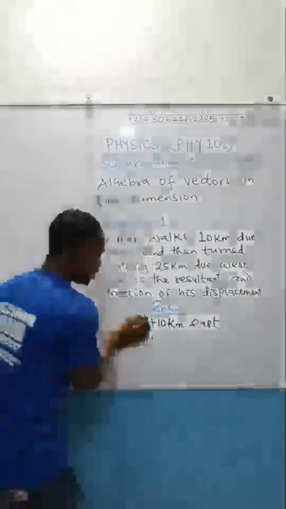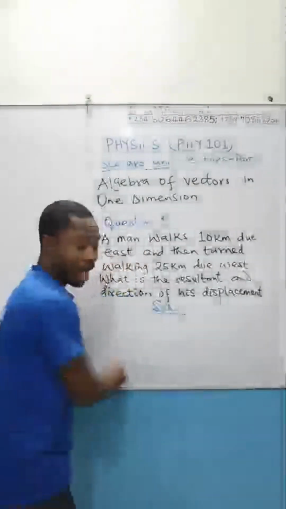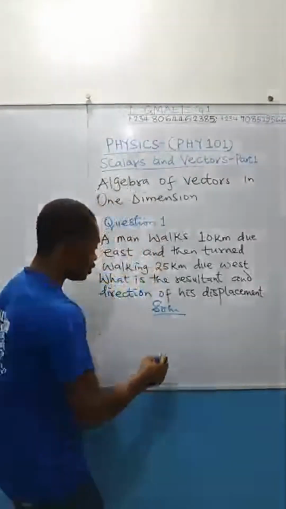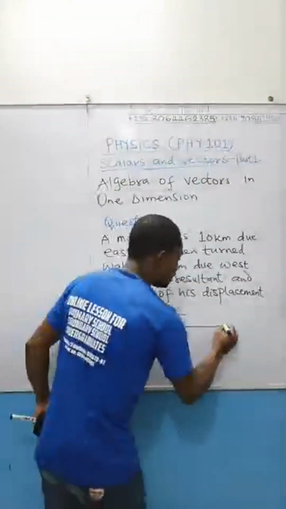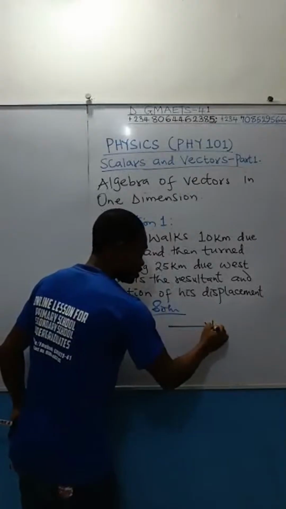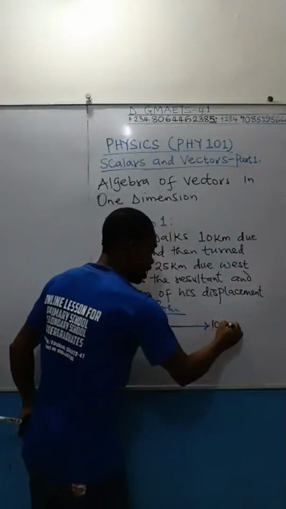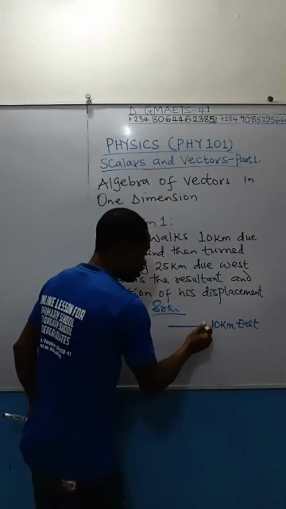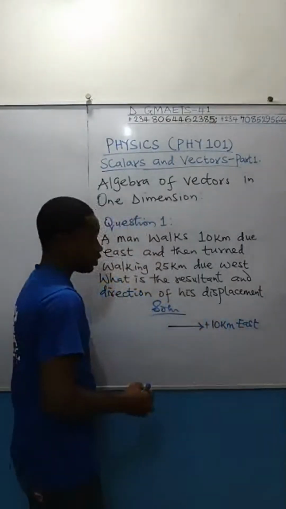Permit me to draw this a bit better still. I am not drawing to scale. This is just analytical work. So we have something like this: 10 kilometers east. This is positive, since we selected positive for the east direction.